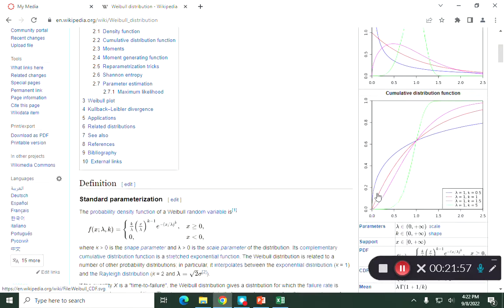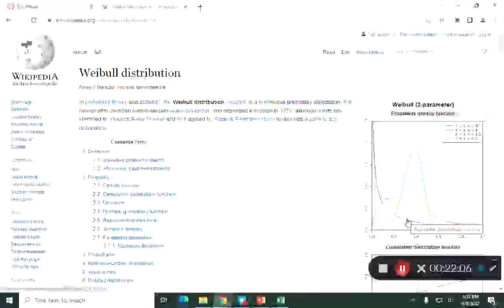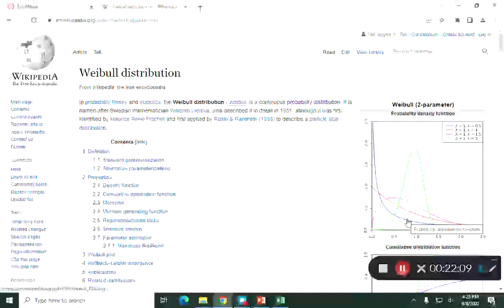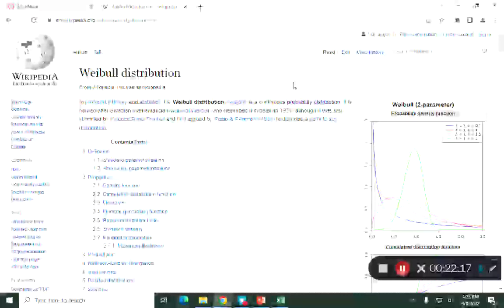So you can have from left skew to center to right skew, every possible way of skewing this distribution. That's why the Weibull distribution sometimes has a nickname, okay? Please remember that. The nickname of Weibull is the shape distribution, okay?